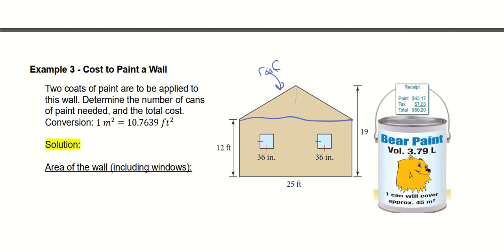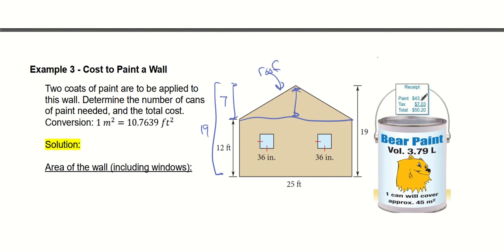To find the height, you know from here to here, all the way across, that's going to be 19, right? So 19 minus 12 gives us 7. So over here, it's about 7 feet.